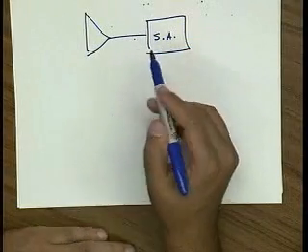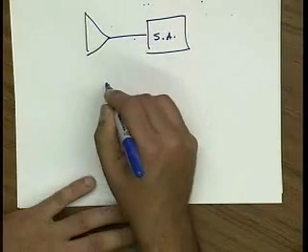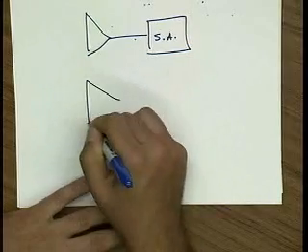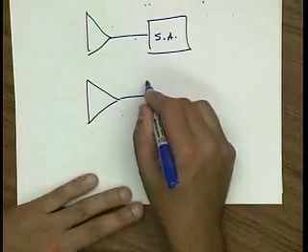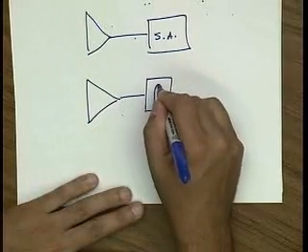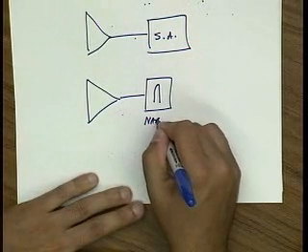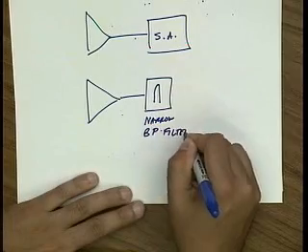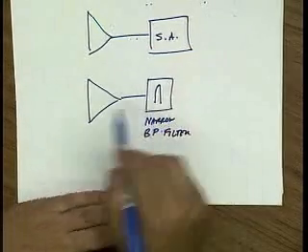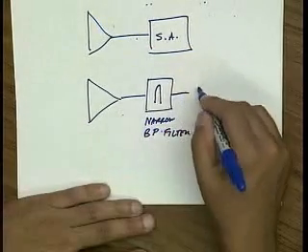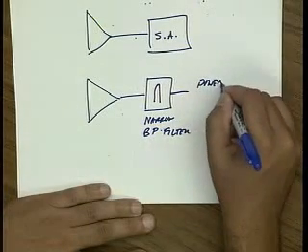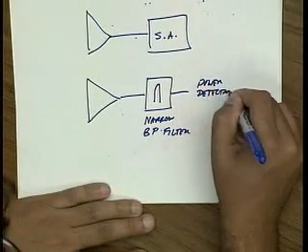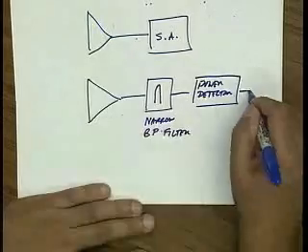So you can think of a spectrum analyzer as taking the output of the amplifier, applying a very narrow bandpass filter, let's say with sub-hertz kind of resolution, and then going into a power detector, and then plotting the results.